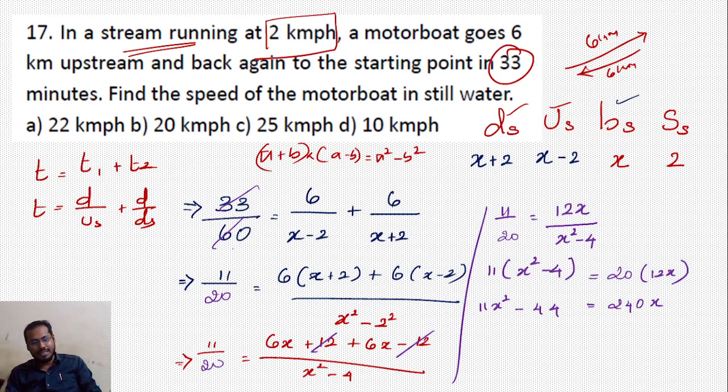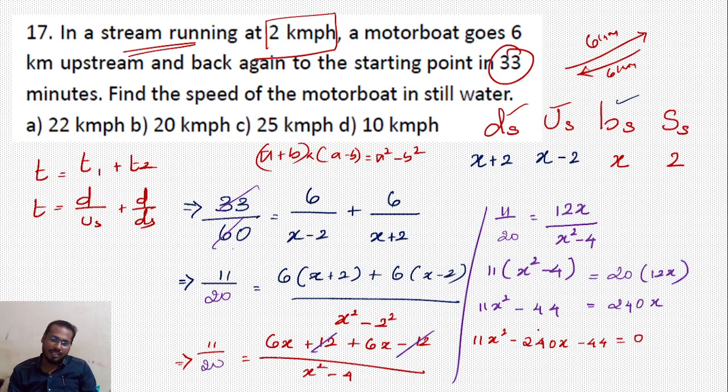Look at how I am writing this equation. Everyone please try this. 11x square minus 240x minus 44, that is ax square minus bx minus constant, equal to 0.